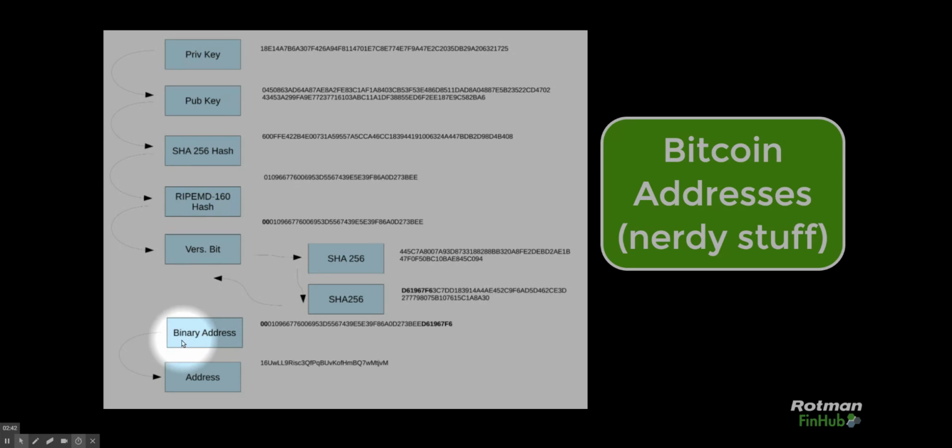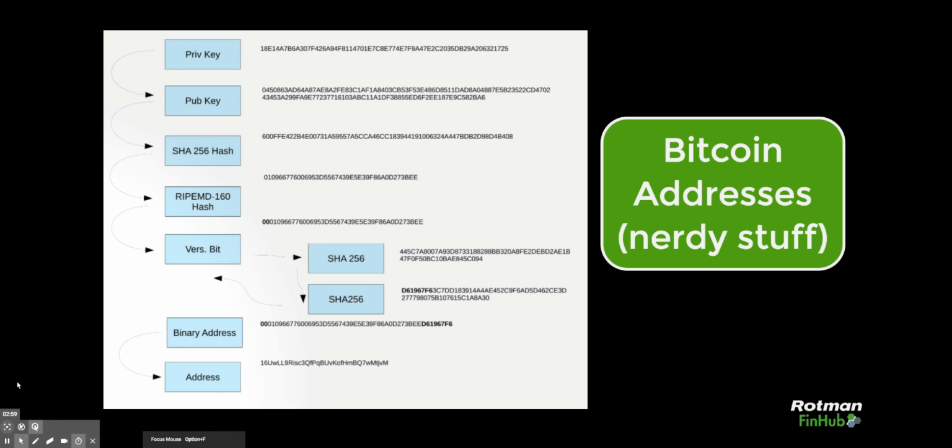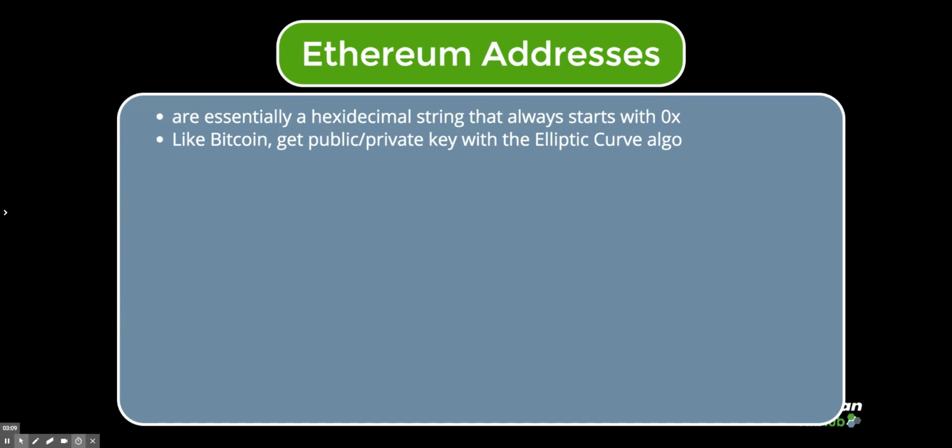That is a binary address, and it then creates an address from that binary address by applying another function to it, and then you have this address which starts with the 1, and the 1 is essentially the result of having added these 2 zeros here. It's very nerdy stuff, and you really don't have to understand all these details, but all I want to say is it's a very systematic process in how these addresses are created. So it's not totally random.